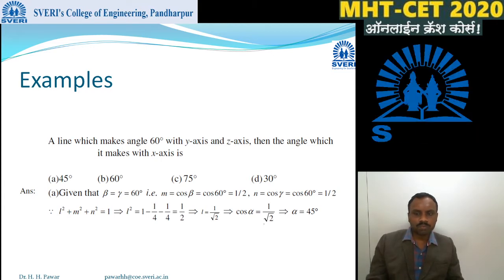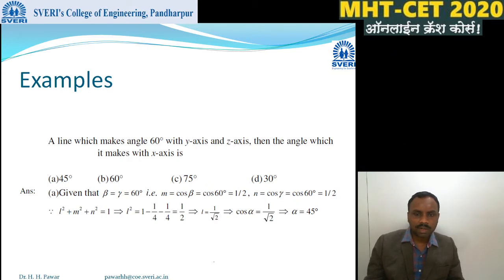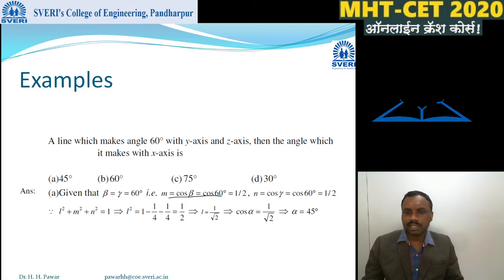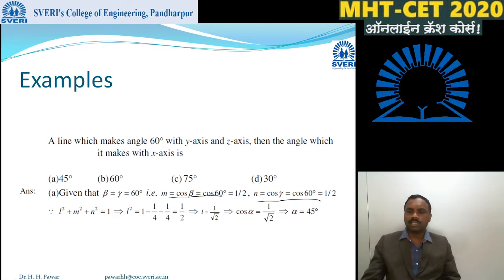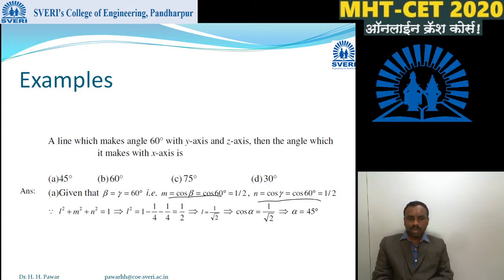So here we find m and n, that is m is equal to cos beta equal to cos 60 degree, and that is 1/2, and n is equal to cos gamma equal to cos 60 degree is equal to 1/2. So by using the relation l square plus m square plus n square is equal to 1, we'll get l square is equal to 1 minus 1 by 4 minus 1 by 4 is equal to 1/2.